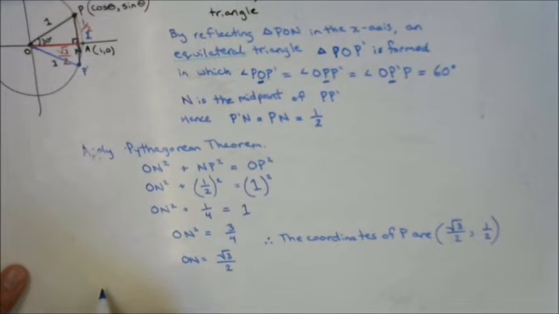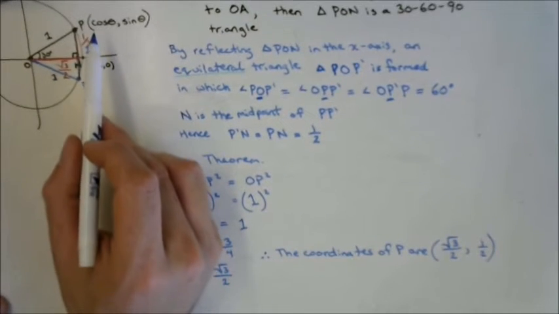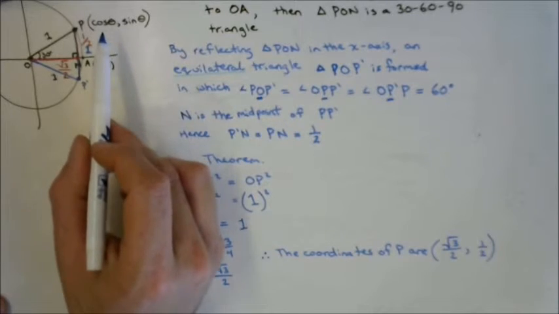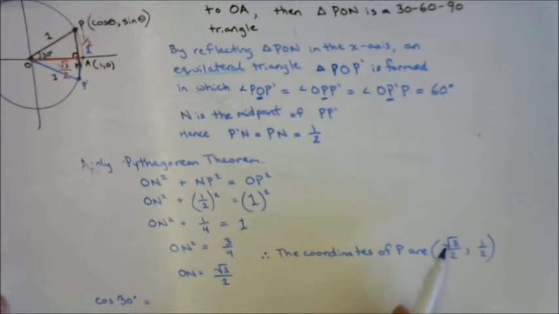So we know that the cosine of 30 degrees, remember cosine is represented by the x coordinate, right? So the cosine of 30 degrees is radical 3 over 2. The sine of 30 degrees is represented by the y coordinate, is 1/2.